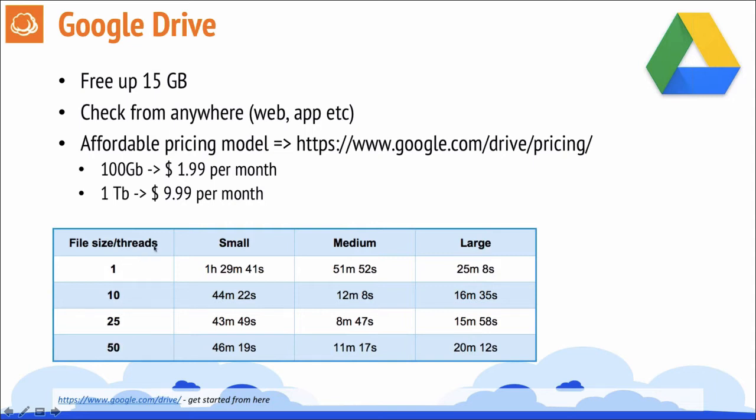When I talk about threads, I'm talking about parallel uploads. When we upload a single file, if the file is large enough, or when we upload multiple files, we upload them in parallel. So multiple files are going to the cloud in parallel, and here we talk about the number of parallel threads.